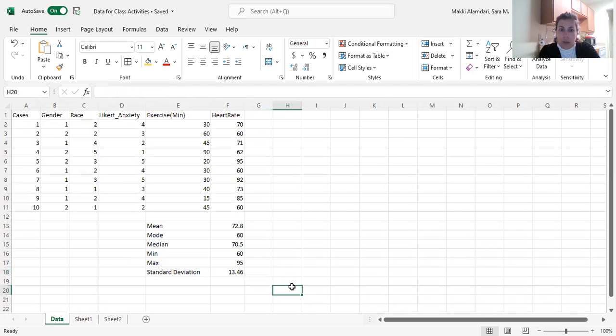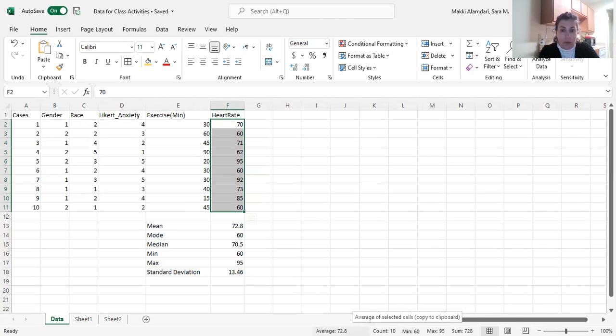And finally, I would like to say that there is one easier way to calculate many of these statistics. You can just choose the data, and you see at the bottom right side some statistics like average, count, min, max, and sum.